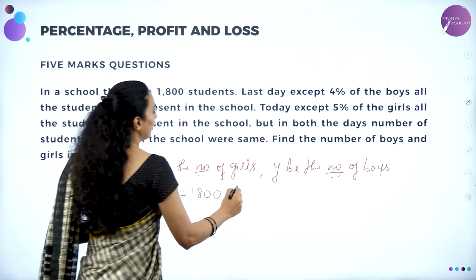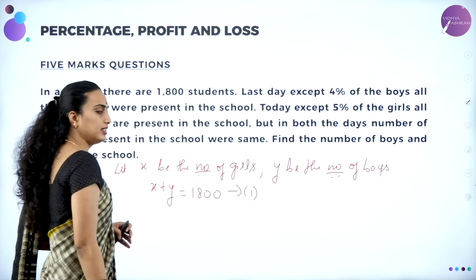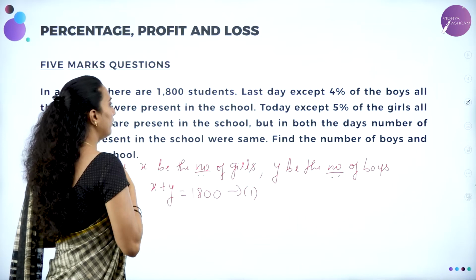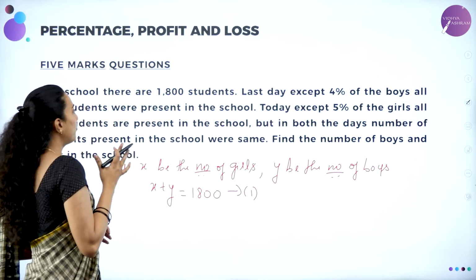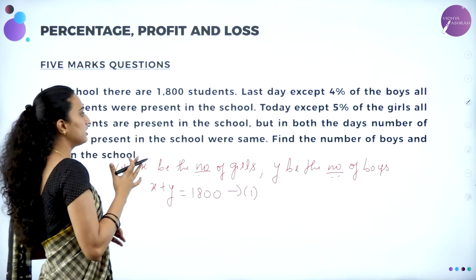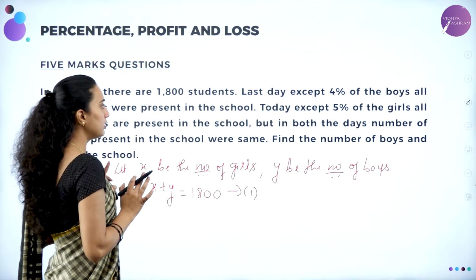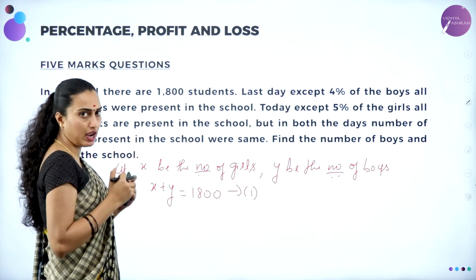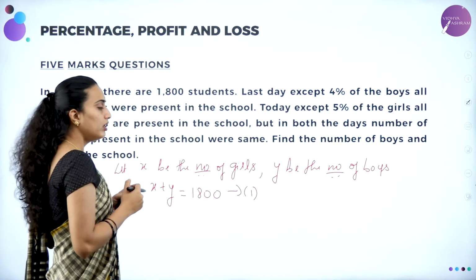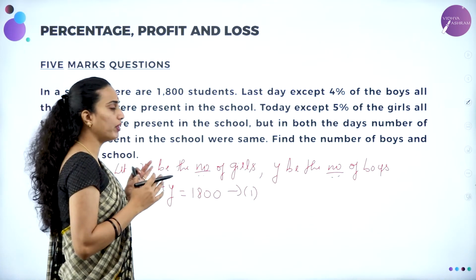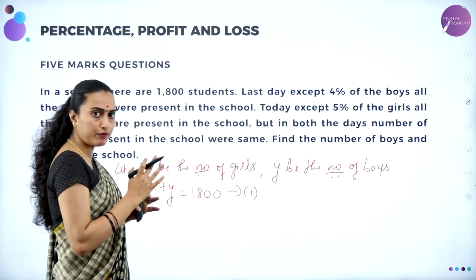As we have solved before, I am going to call this equation 1. They have given that 4% of the boys were absent last day, so present in the school means we have to minus 4% from the y, and we have to minus 5% from the x. So therefore we have to equate them.